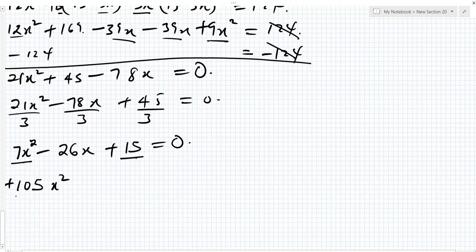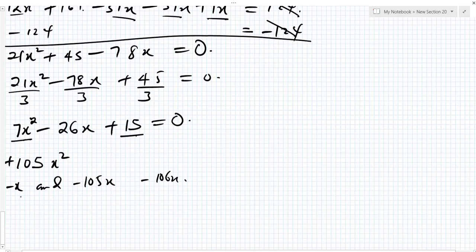So let's start with 1. So say minus x and minus 105x. You have minus 106x as the sum. Now the next one we're going to do, what is the next factor of 105?